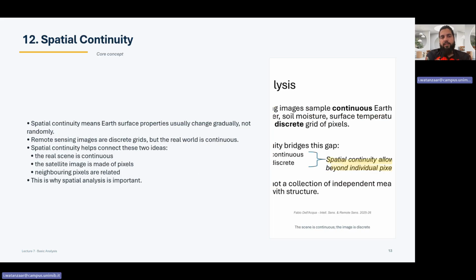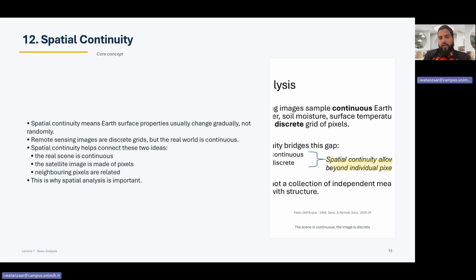Spatial continuity means the Earth's surface properties usually change gradually. This is a good idea. We know that the data we are saving is in a raster grid form, and the remote sensing data is not discrete, it is continuous.